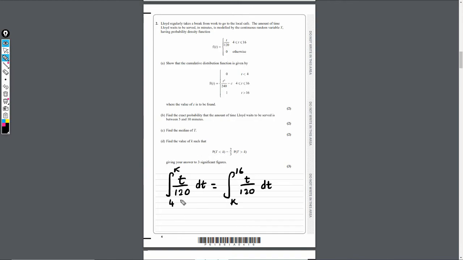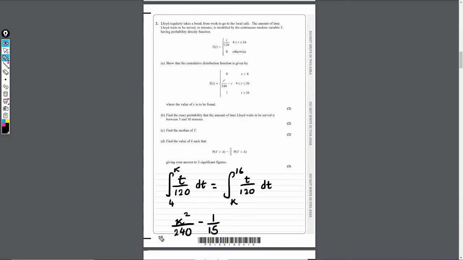So all I've got to do now is perform this integration here, so I'm going to get the same thing, just plugging in different limits. So remember, this is just t squared over 240. So if I plug this in, this would be k squared over 240 minus 1 over 15.